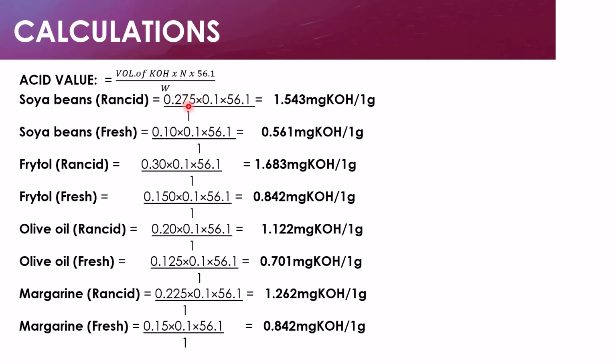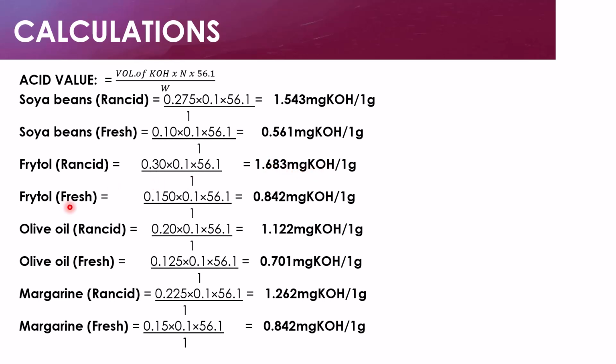If you substitute this value into the equation, we will get an acid value of 1.543 milligrams of potassium hydroxide per 1 gram. For the fresh soya beans, we will have 0.561 milligrams of potassium hydroxide per 1 gram. For the rancid vegetable oil or fried oil, we have 1.683 milligrams of potassium hydroxide per 1 gram.